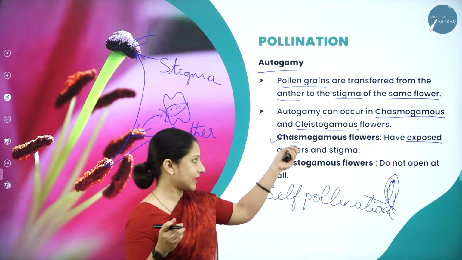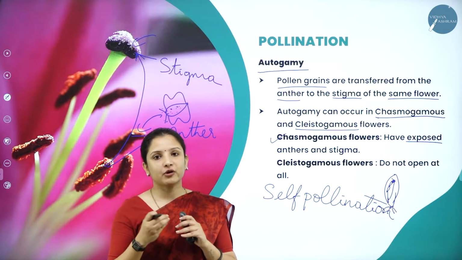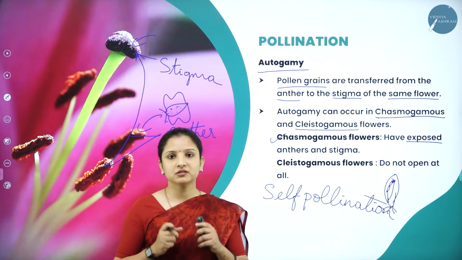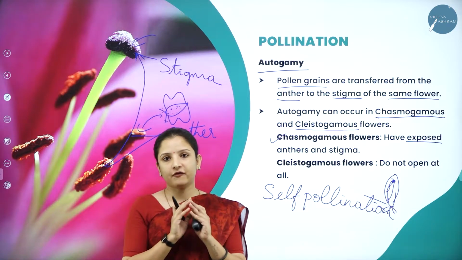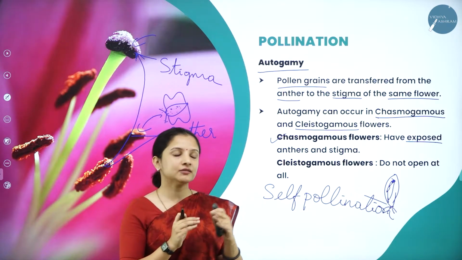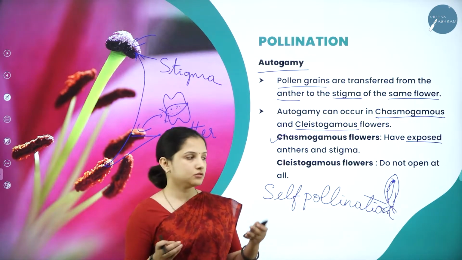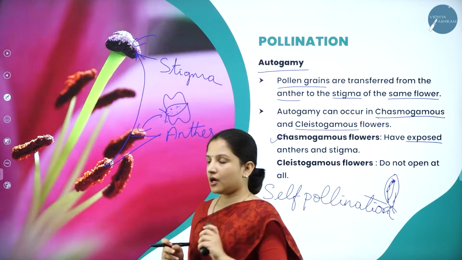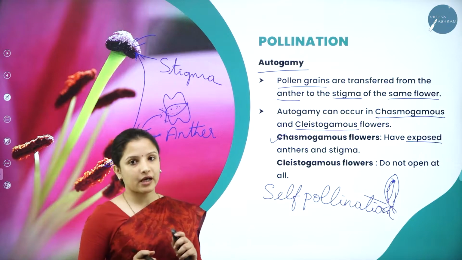Therefore, in chasmogamous flowers, autogamy as well as xenogamy or Geitonogamy can occur. But in cleistogamous flowers, because they do not bloom at all, they are always in bud form. Since the anthers and the stigma are not at all exposed to the external environment, only self-pollination will occur. So I hope you have understood what autogamy is.